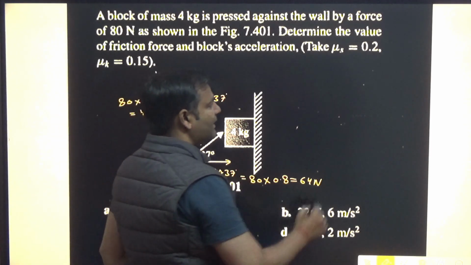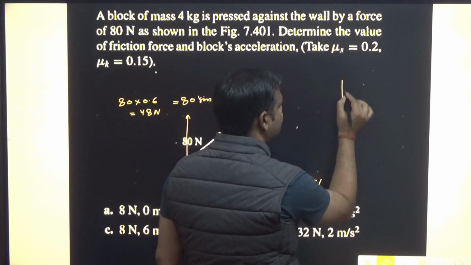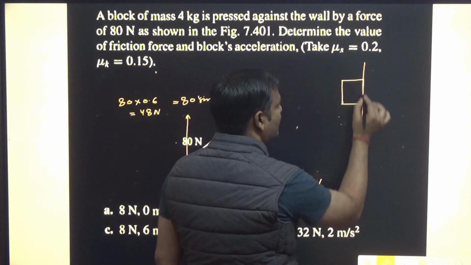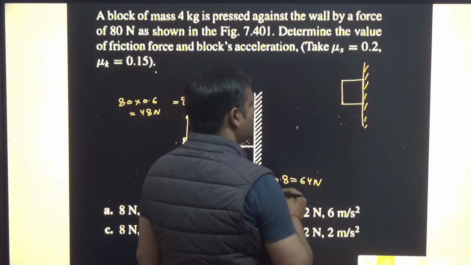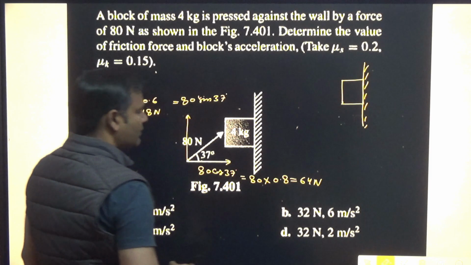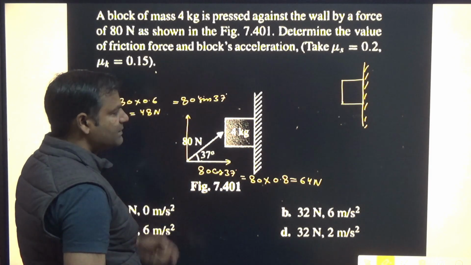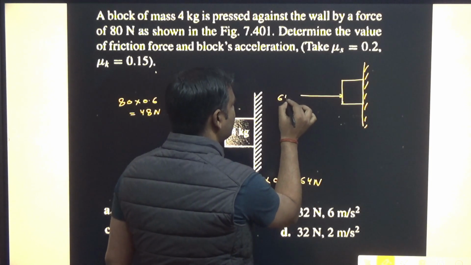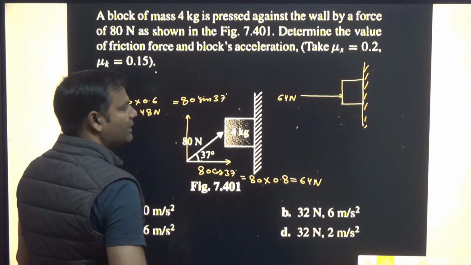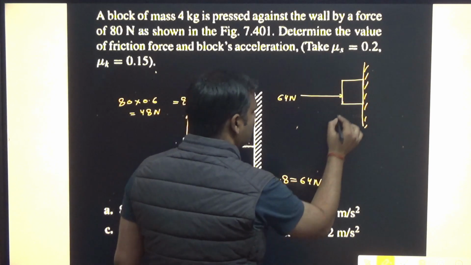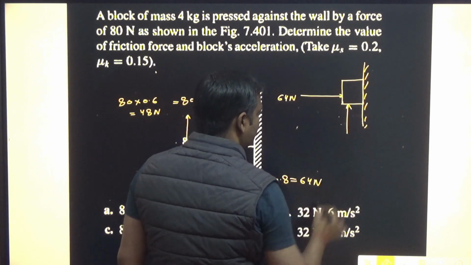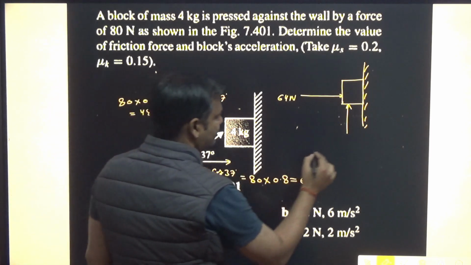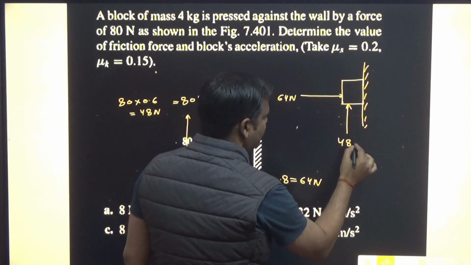If you make the free body diagram of that block again, that is the wall. In the horizontal direction there is 64 Newton, and in the vertical direction, in positive y, that is 48 Newton.